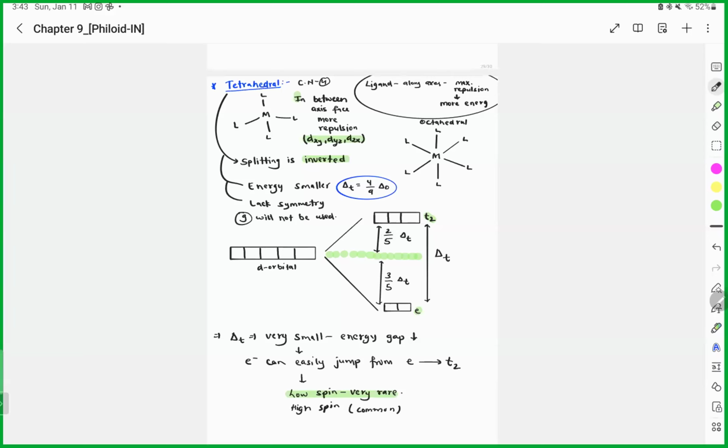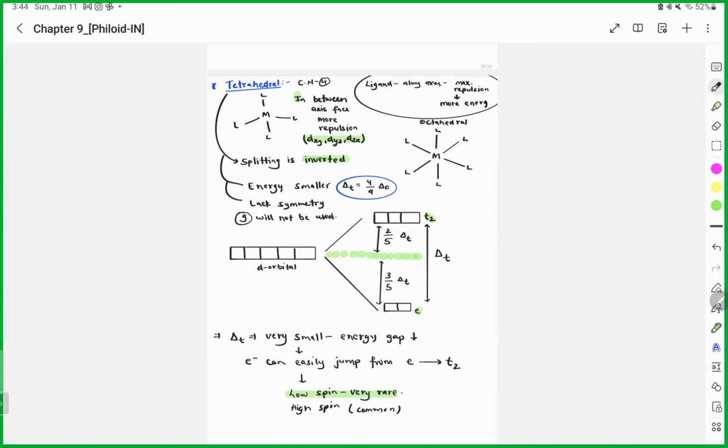So we spent half an hour or probably 1 hour on this topic, but let's revise the same thing in 2 minutes. Crystal field theory explains how the ligand field will impact the orbitals of the metal.